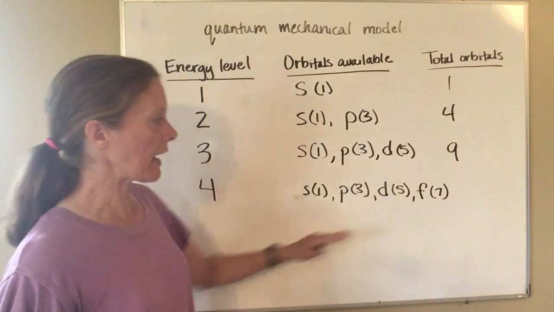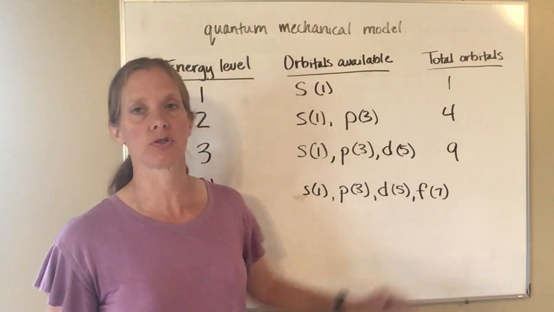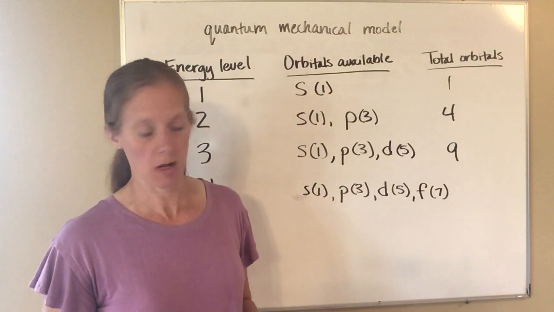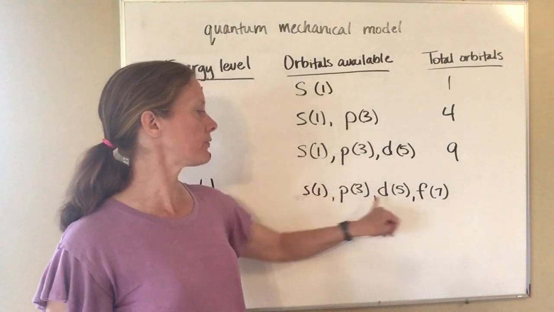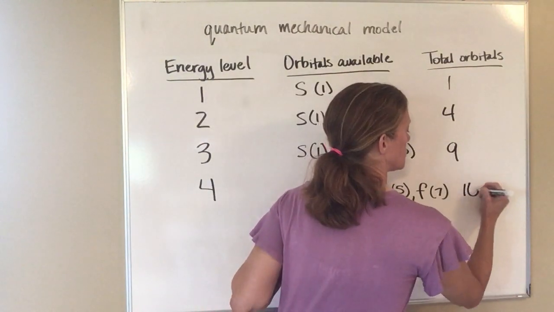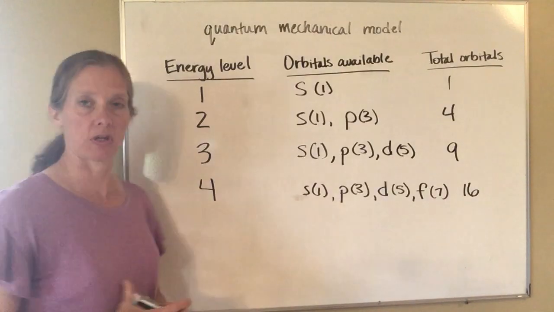There aren't even any pictures of those in your book, because the more orbitals you get, the shape just gets increasingly complex. So when I get up to this energy level, 7 and 5 is 12, plus 3 is 15, plus 1 is 16. So there are 16 orbitals associated with the fourth energy level.